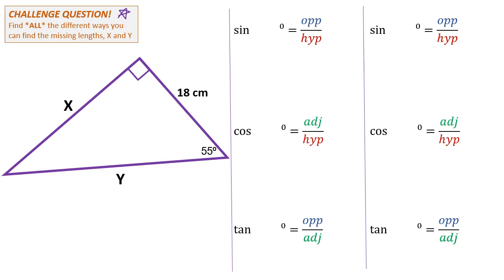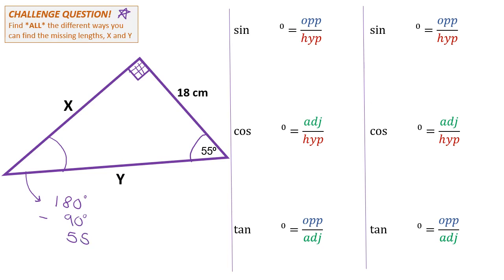So we have just our standard right triangle here, and they give us just one angle at 55 degrees. Okay, well, we also can find what this missing angle is because we know that the interior angles of all triangles will equal 180.